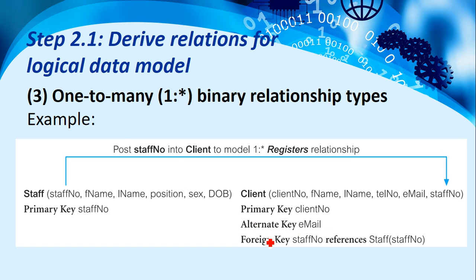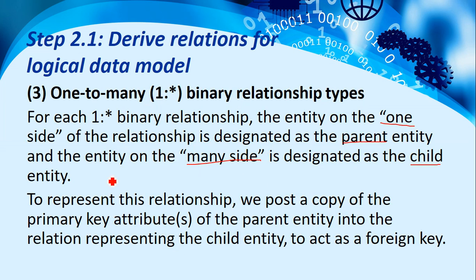Anyway, the main thing here is this one. Since staff is our parent, this is the parent and this is the child. According to this, we post a copy of the primary key attributes of the parent. So we copy the primary key attribute from the parent entity and place it in the child entity.